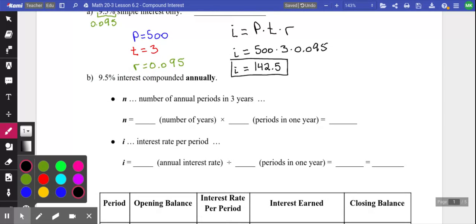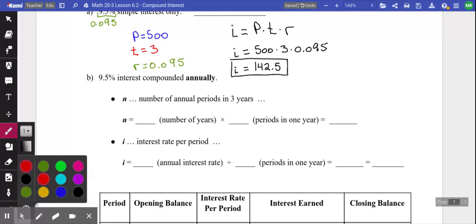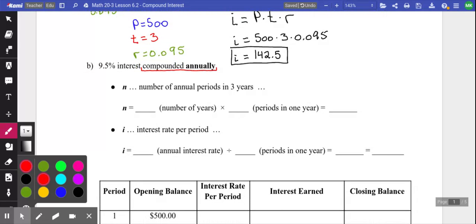This next question says you have 9.5% interest compounded annually. When it tells you it's compounded annually, that means they're going to charge you interest every year. The simple interest we did up here only charged you interest at the end of the 3 years. So for this, things change a little bit.